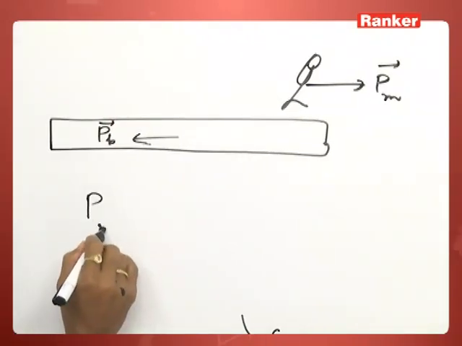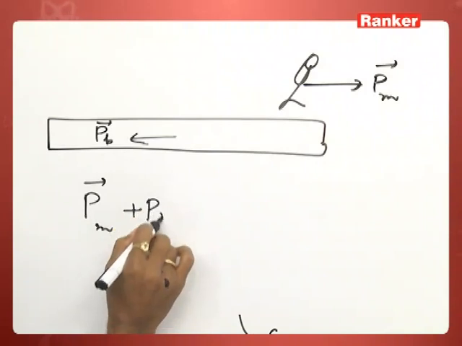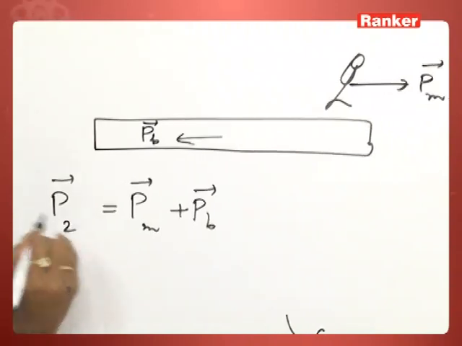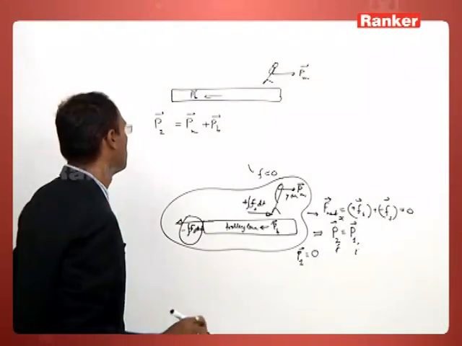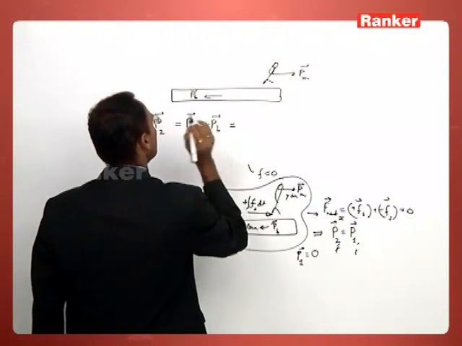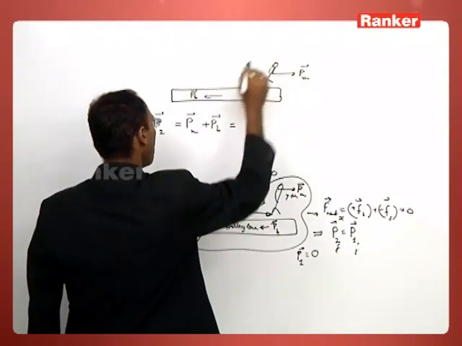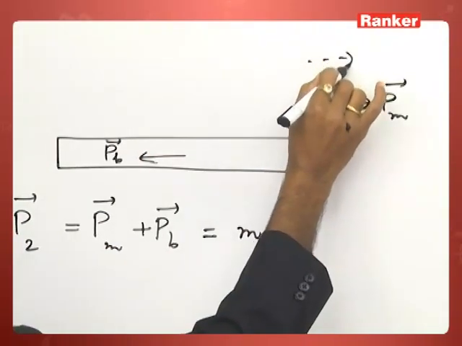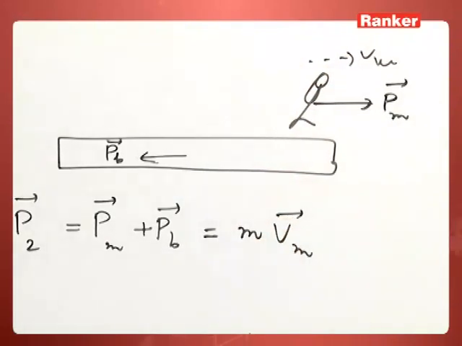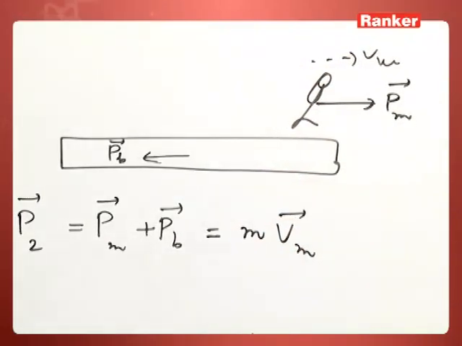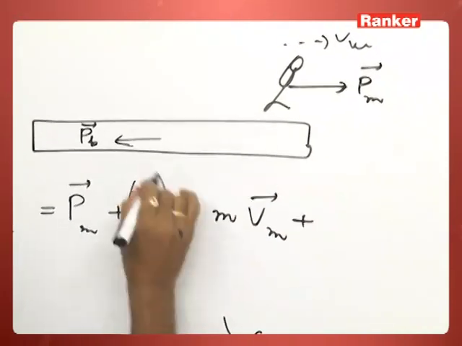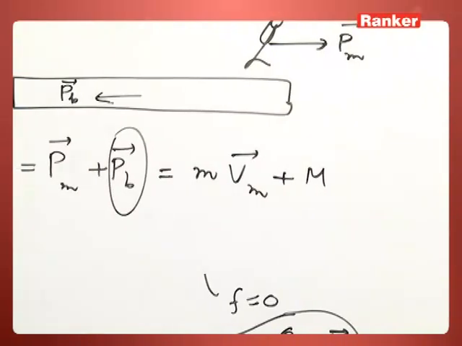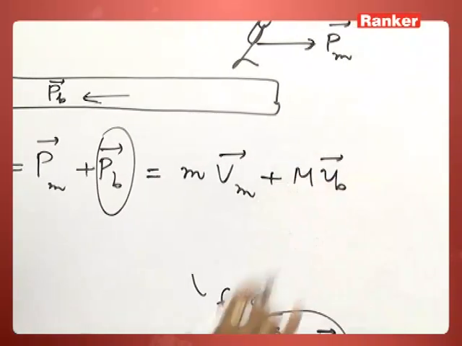If you sum up both the momenta with respect to ground, you are getting the final momentum of the system. Momentum of the man or your momentum is equal to your mass small m into your velocity, let it be Vm with respect to ground, plus momentum of the boat is equal to mass of the boat, that's capital M, into velocity of the boat with respect to ground.